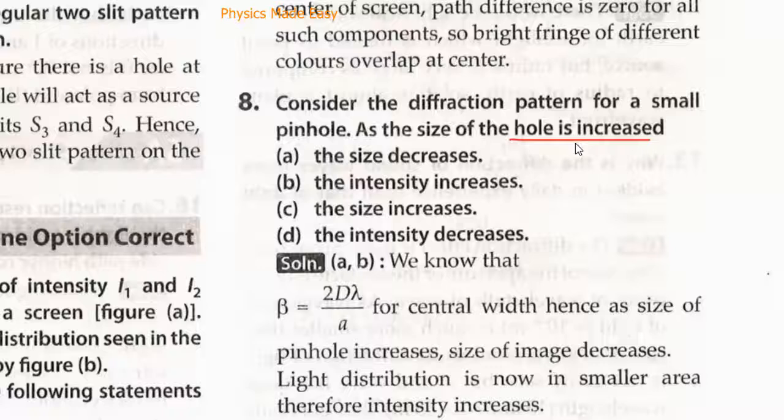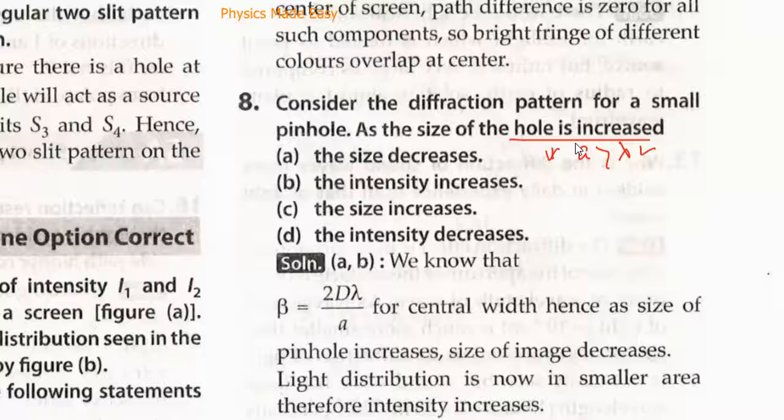If we increase the size of the hole, one condition may arise that A may become larger than lambda. In that case, diffraction will not take place and there will be no encroachment of the shadowed area. So in this particular case, when diffraction stops taking place, then option A is correct.